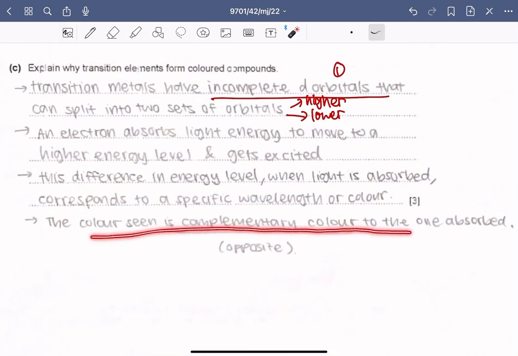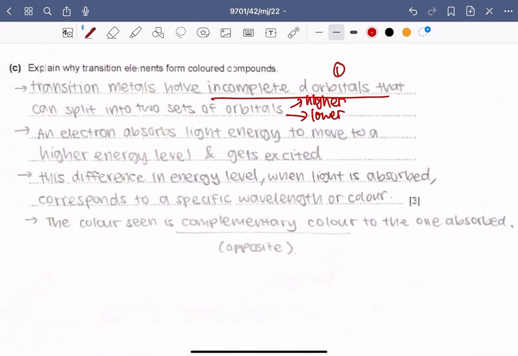The color seen is complementary to the color of the one that is absorbed. So, for example, let's use the example of plants.